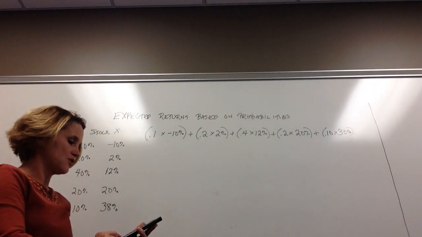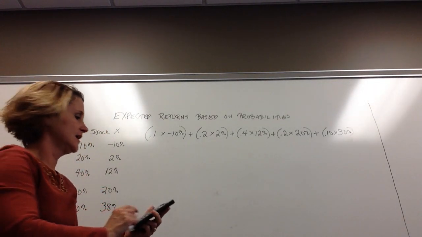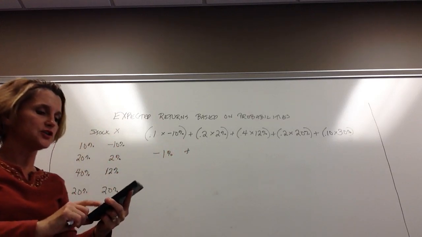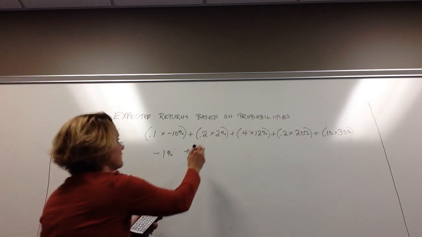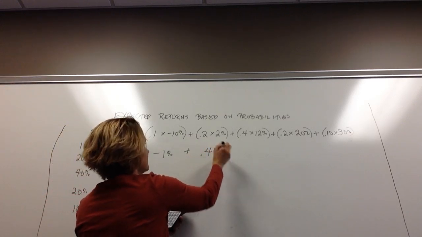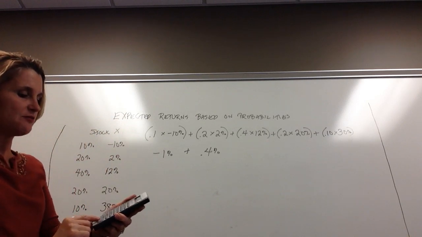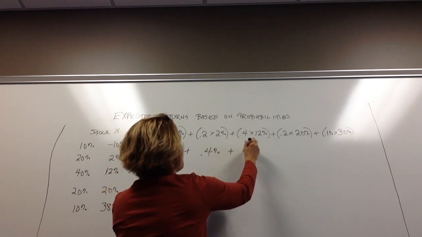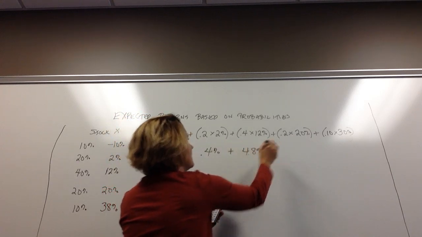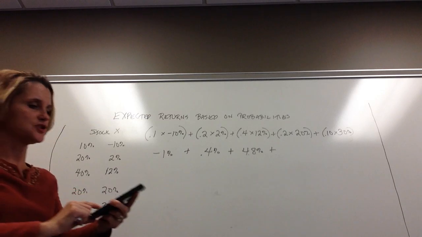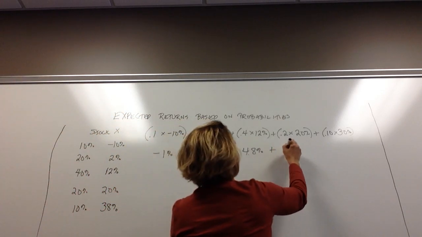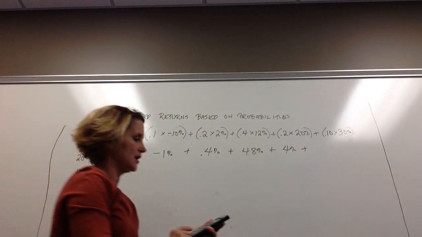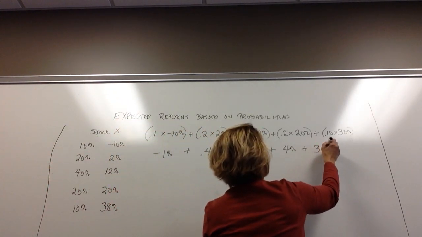Now, 0.1 times 10 gives me a negative 1%. Then 0.2 times 2 gives me 0.4%. 0.4 times 12 gives me 4.8%. 0.2 times 20 gives me 4%. And then 0.1 times 38 gives me 3.8%.